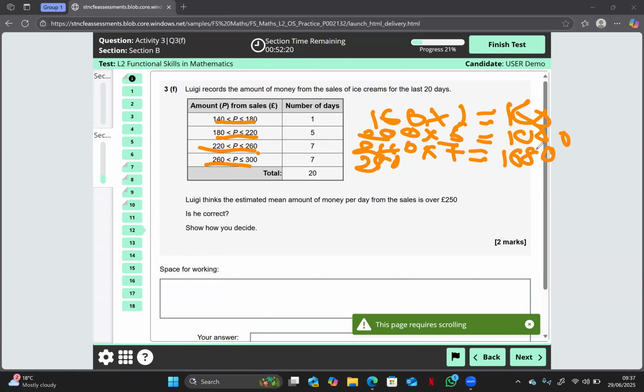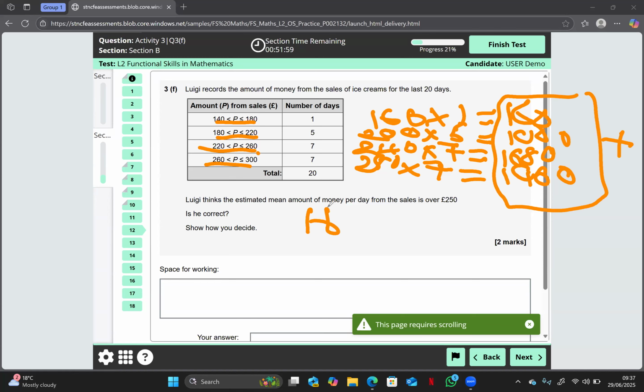And then 280 multiplied by 7 equals 1,960.